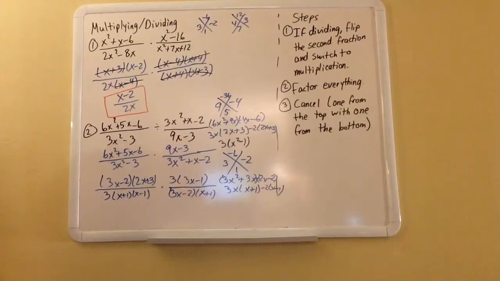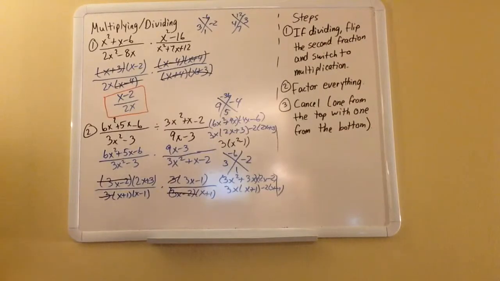And now, again, I just cancel out what I can. So here, I can cancel out, let's see, the 3x minus 2. I don't have a 2x plus 3 on the bottom. I can cancel out the 3's. And that's it. Right? The reason I cannot cancel out these x plus 1's is because they're both on the bottom. I need one to be from the bottom, one to be from the top in order to cancel out.